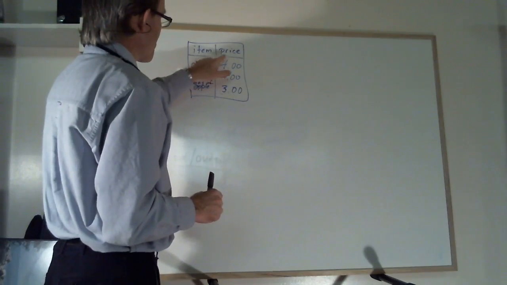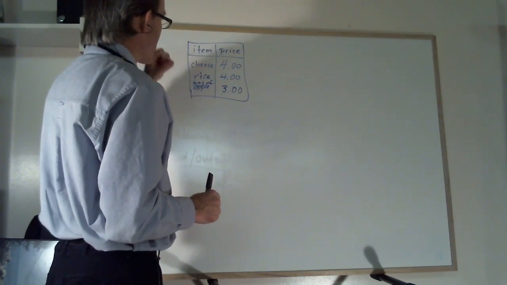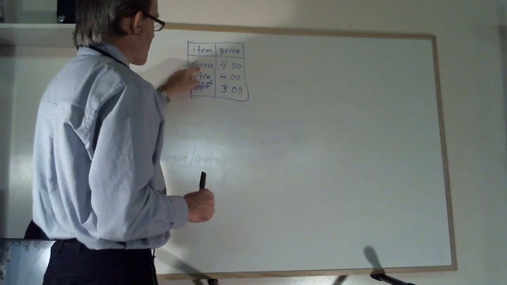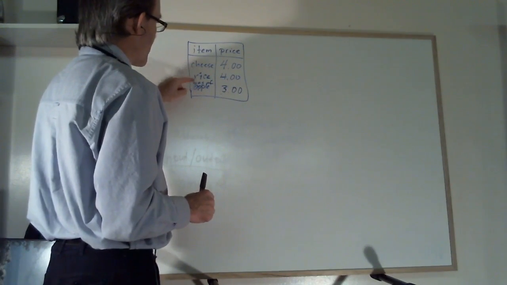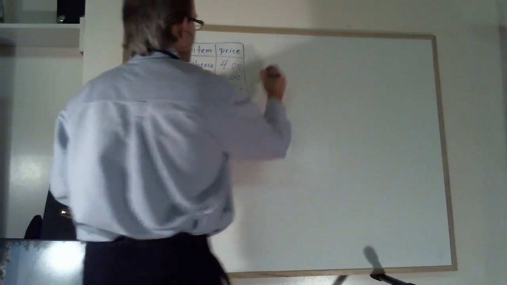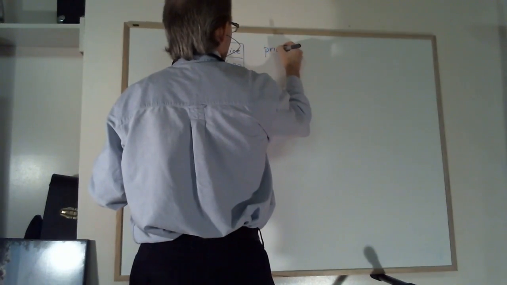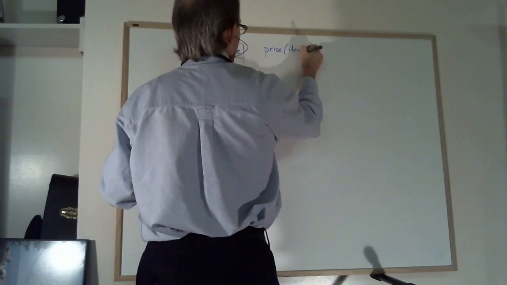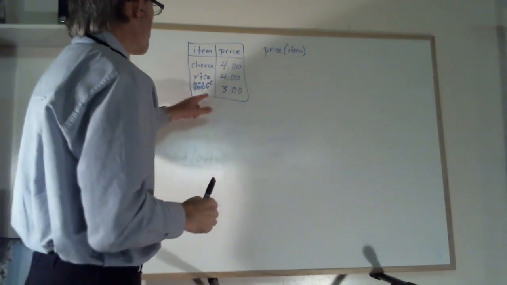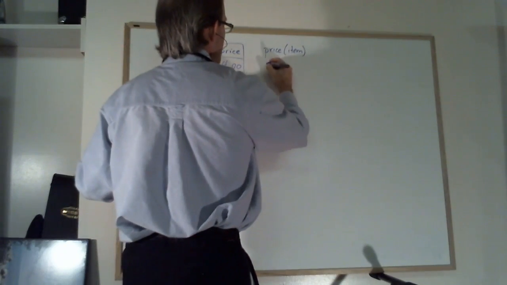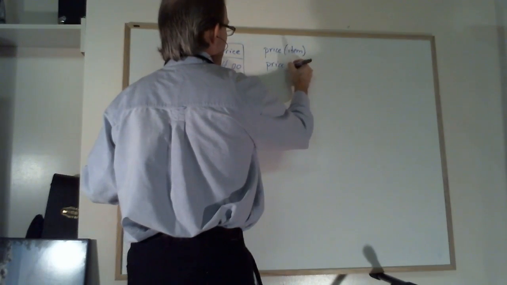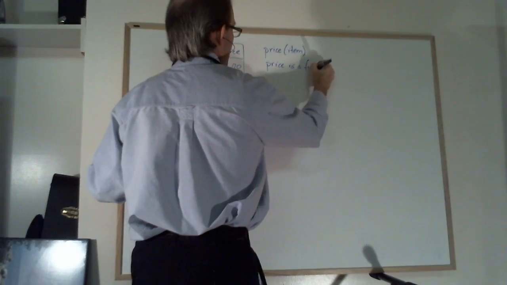We can ask whether price is a function of item, and it is, because every distinct item for x has a single value for the price. So you'd say price is a function of the item.